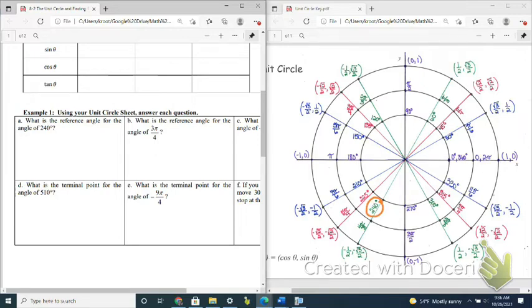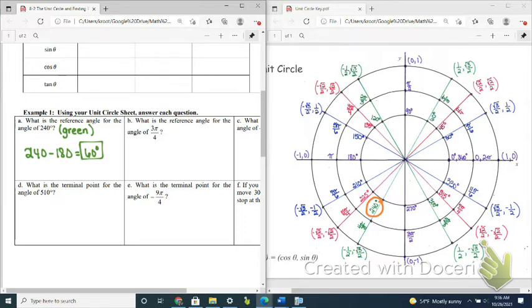It is green, and remember your reference angle is how far past 180 am I, or how far away from the x-axis am I. To find it, remember you take your angle and subtract 180. So you get 60 degrees. Remember that all of your green lines have a reference angle of 60 degrees.